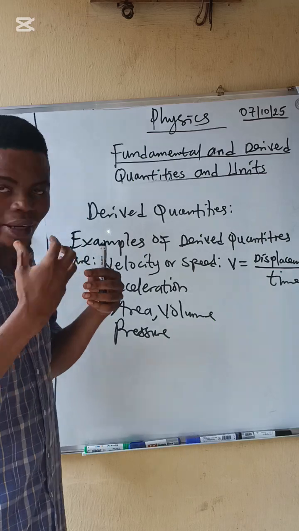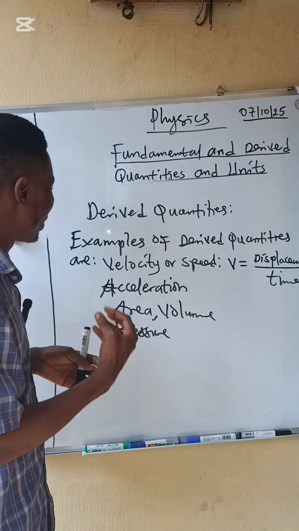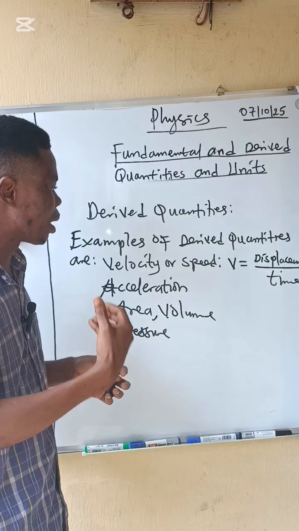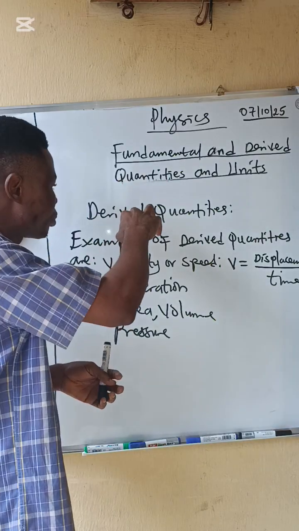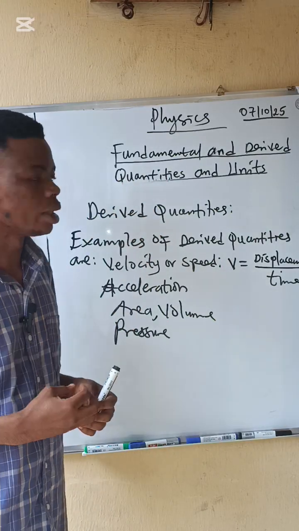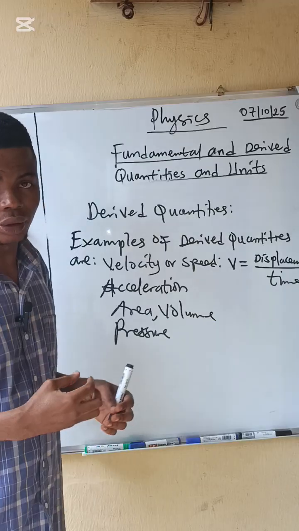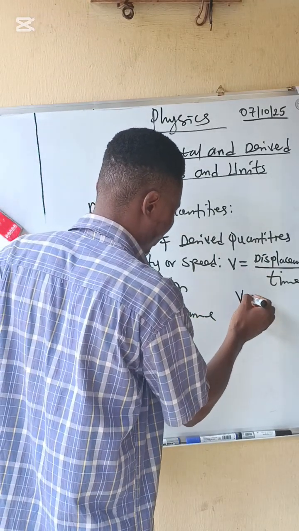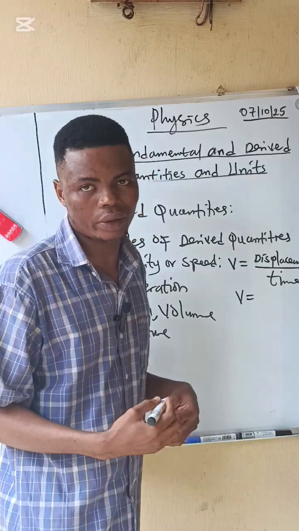A derived unit is a unit that is derived from the fundamental quantities or units. For example, the unit of velocity is meter per second. How come?